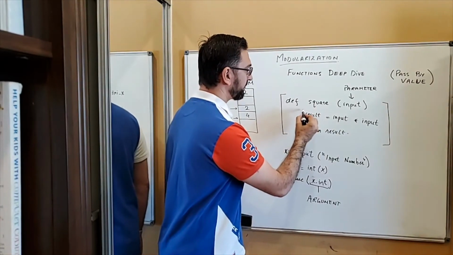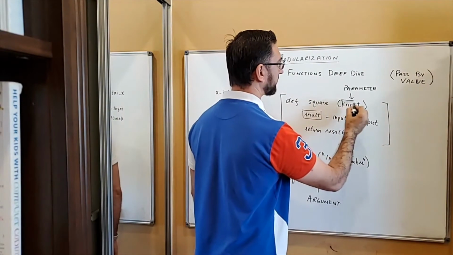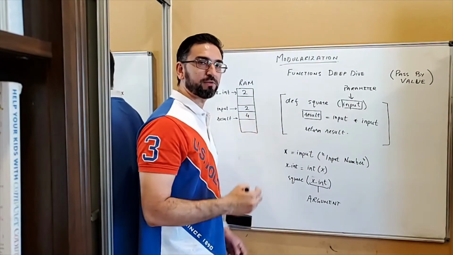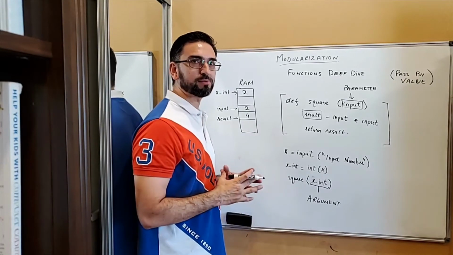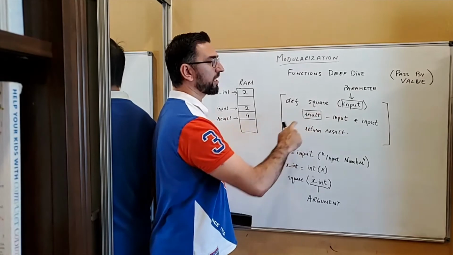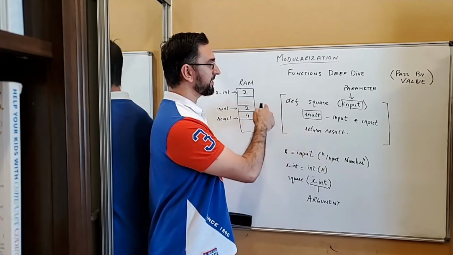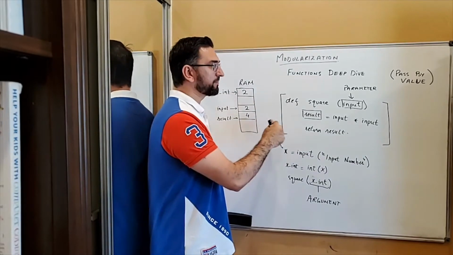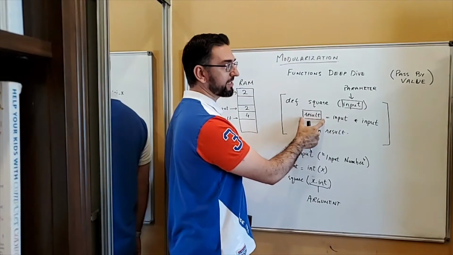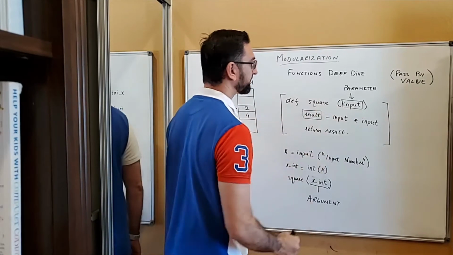Now this value right here, result and input variable, are local to the function. In our previous lectures, we have studied 2 different types of variables. One is local, one is global. These 2 variables are local to the function. So whenever the function executes and sends its response back to the caller, this variable will cease to exist, and this variable also will no longer be available.